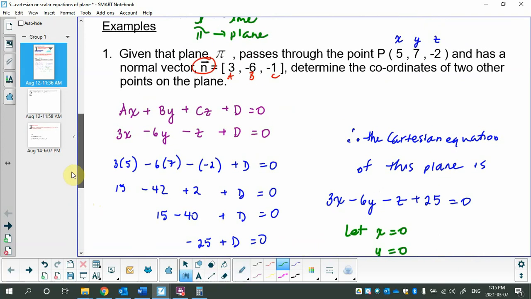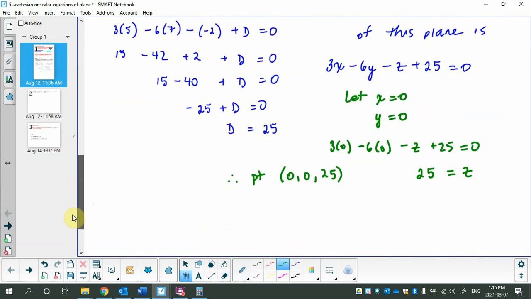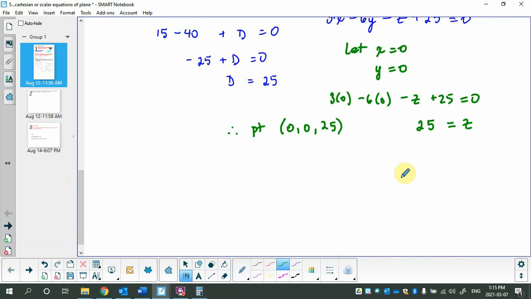Now all I have to do is make a second one, because it says determine the coordinates of two other points on the plane. So I can't pick 0, 0 again. So I'm going to pick 1, 0, or 1, 1, or 0, 1.